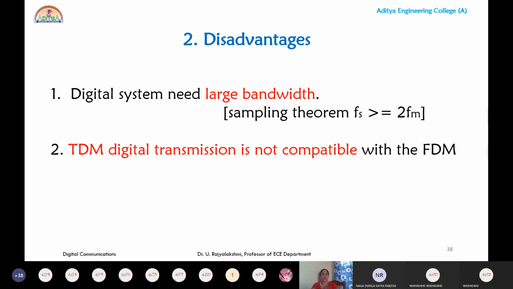Now, using this point, can you say why the digital signal has high bandwidth? Using sampling, can you say? Okay, thank you, ma'am. Very good.